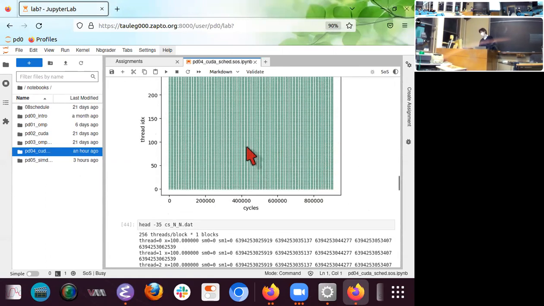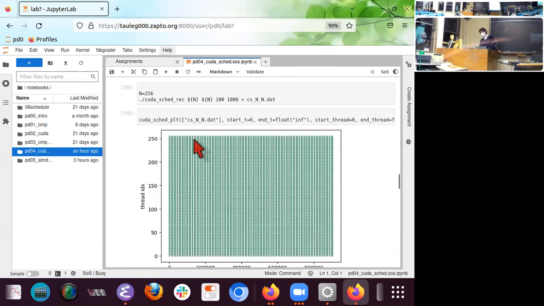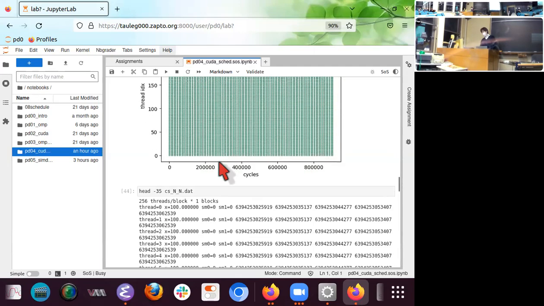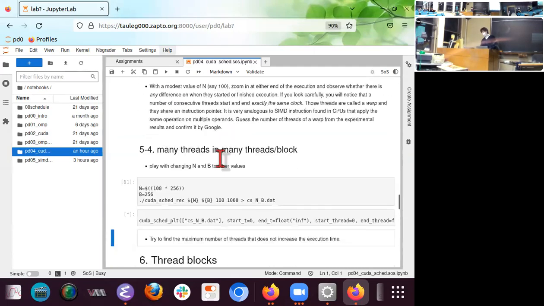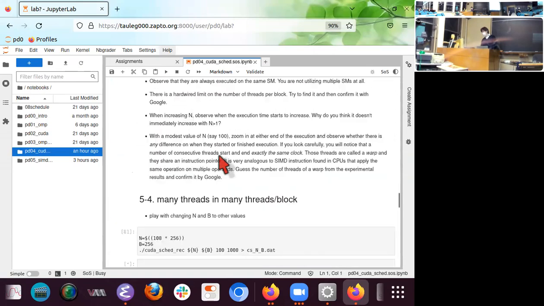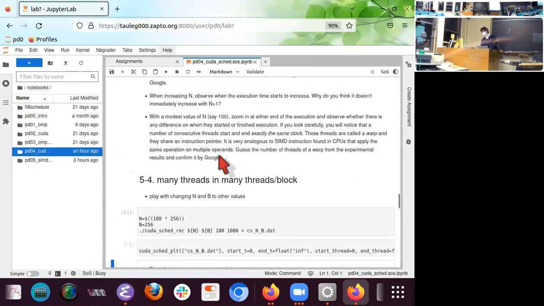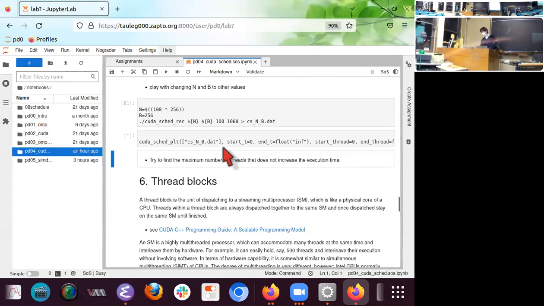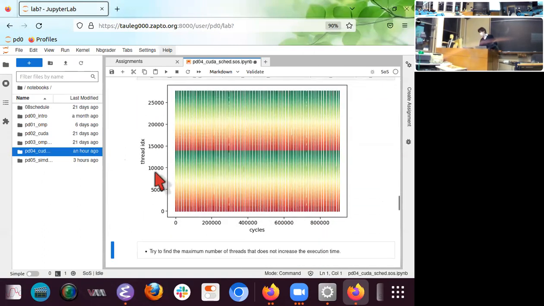So a single streaming multiprocessor executing 256 threads. But this time, I'm simply doing the same thing on each of these streaming multiprocessors. So it's still trying to visualize it. I don't know whether it finally comes out. Yeah, it finally comes out.